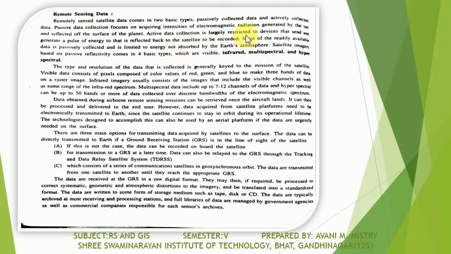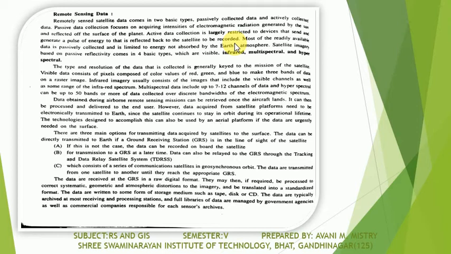Active data collection is largely restricted to devices that send and generate a pulse of energy that is reflected back to the satellite to be recorded. That means the rays emitted from the satellite are reflected back, and from that reflection we get an image. Okay, that is called actively collected data.